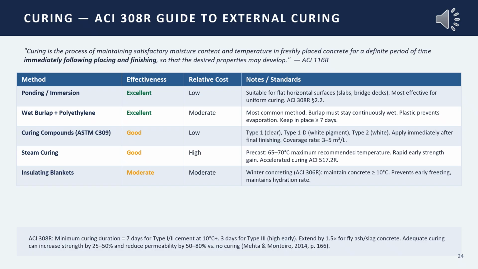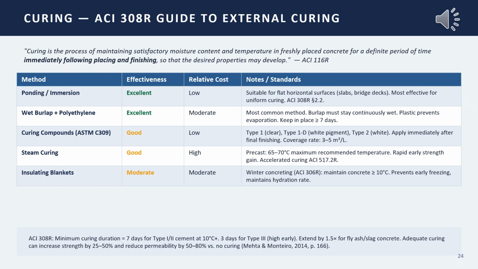Now, for winter concreting, remember ACI 306 requires maintaining concrete temperature at 10 degrees Celsius or higher during curing. The minimum temperature for adequate hydration rate, remember, is 10 degrees Celsius for winters.